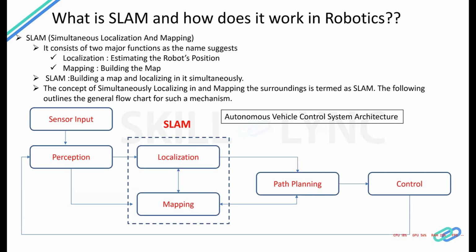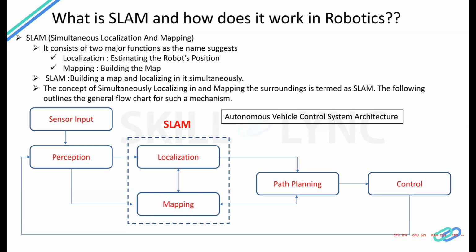Now once you have the environment, and you have the sensor information coming in as to where you're possibly located in the given map, that is where the localization function comes in. A localization algorithm will take care of estimating your position to the maximum accuracy that it can.